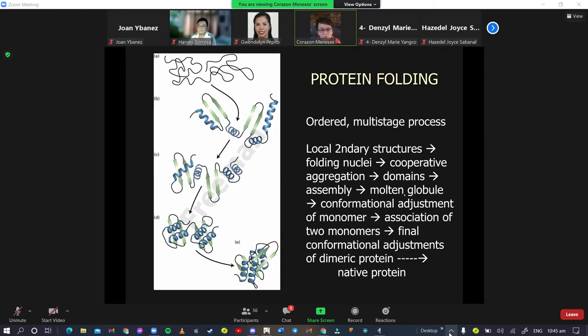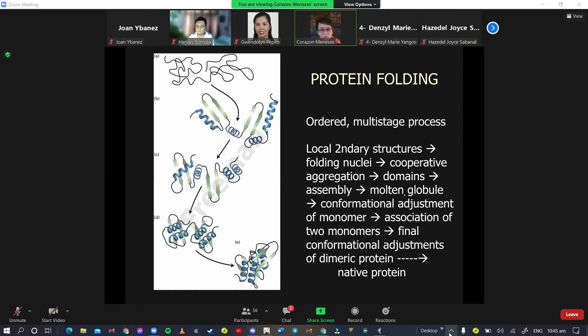Okay. And if this is a single polypeptide chain protein, then it will end at the conformational adjustment of that polypeptide chain. Okay.